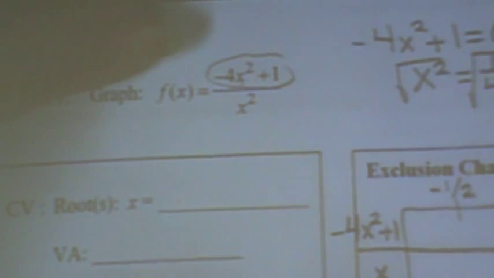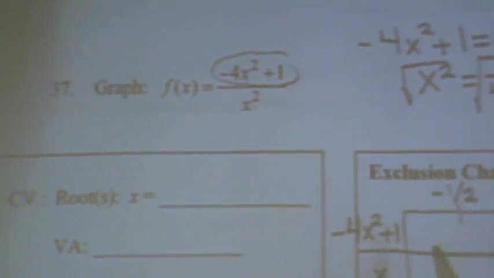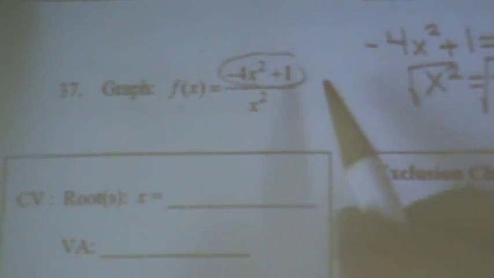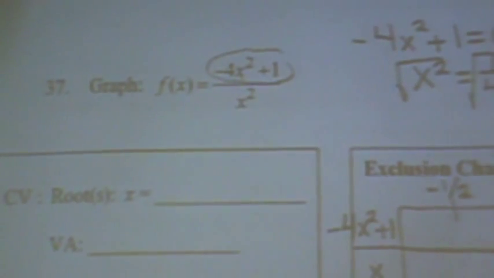You can make these x's separate if you want. There's a few things you can do. I'll show you. Or what you could do is you could rewrite this and factor it. You could write 1 minus 2x and 1 plus 2x and then factor it that way.